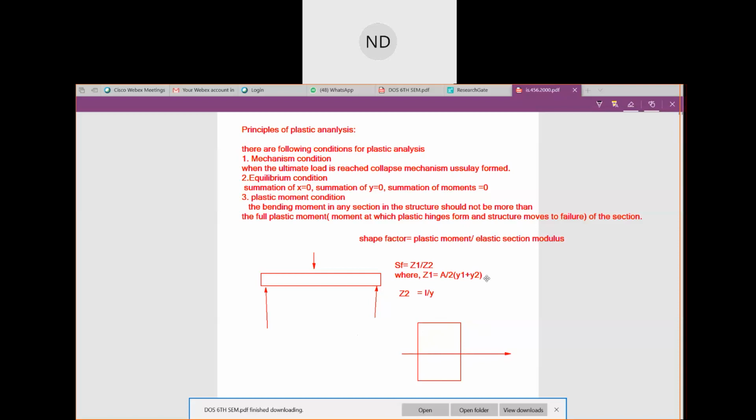And this Z2, I by Y, is the moment of inertia about the centroidal axis.